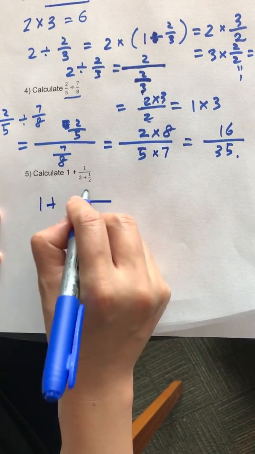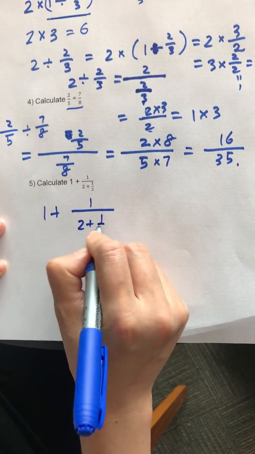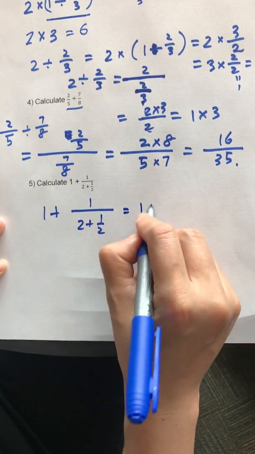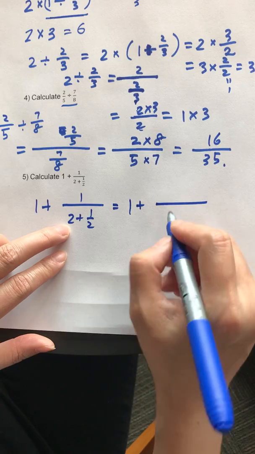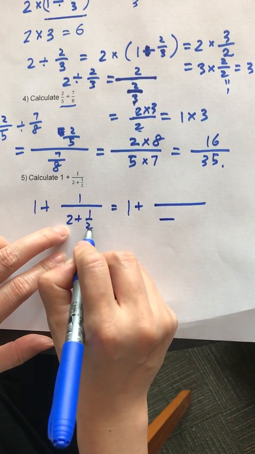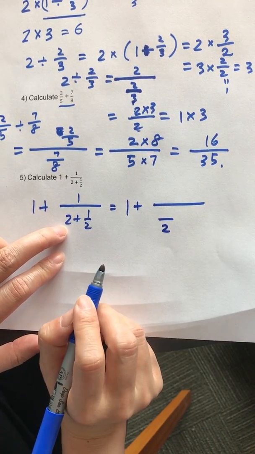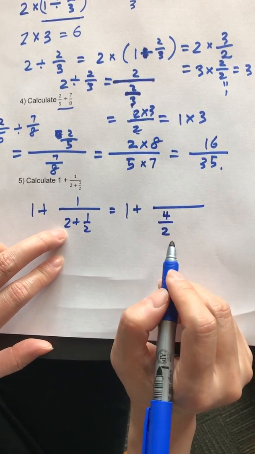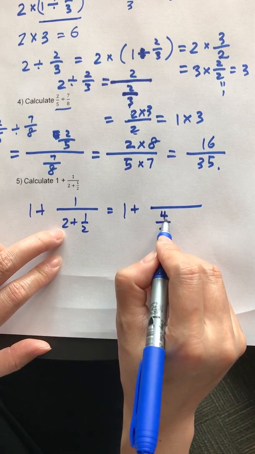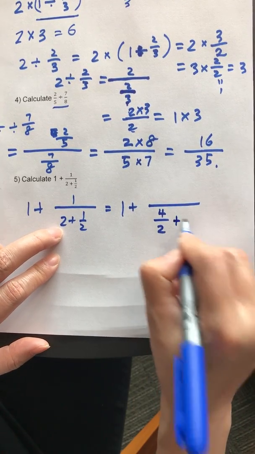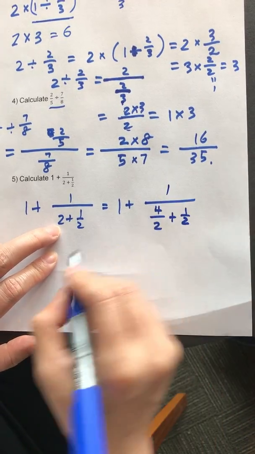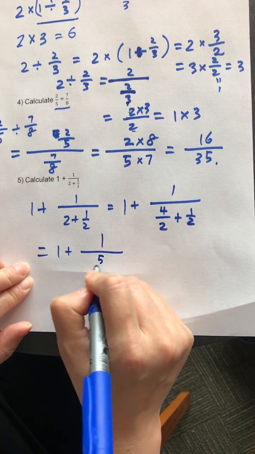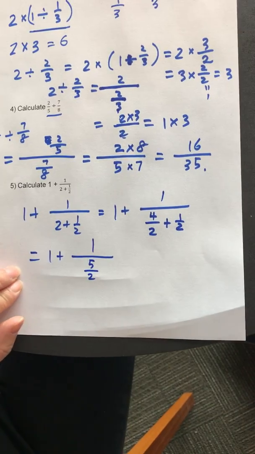Number 5, calculate this: 1 plus 1 over 2 plus 1/2. So let's first combine this into one number. If we want to change the denominator of 2, this has to be 4. 4 divided by 2 is 2, right? So it's actually 4/2 plus 1/2, so this is 1 plus 1 over 5/2.